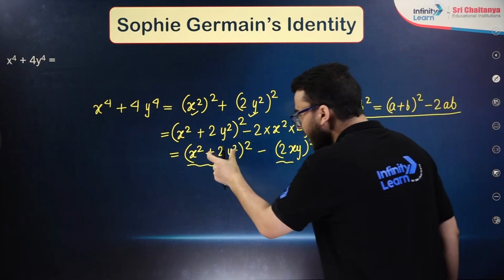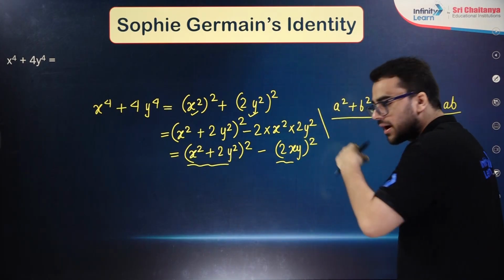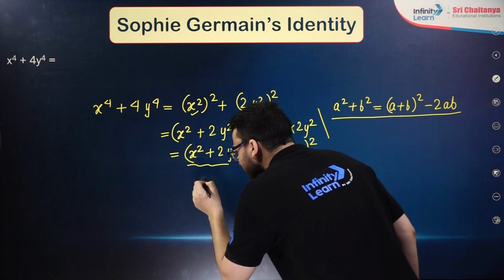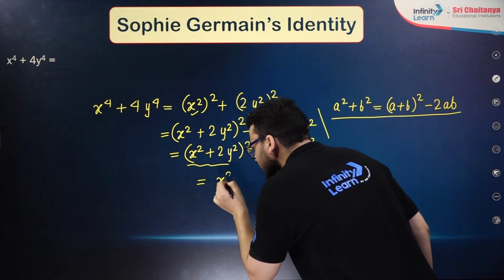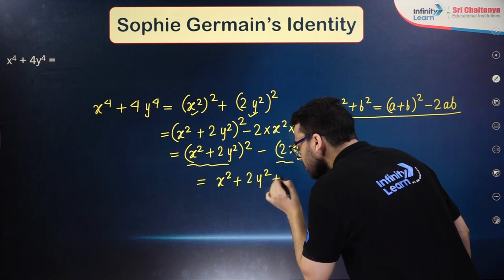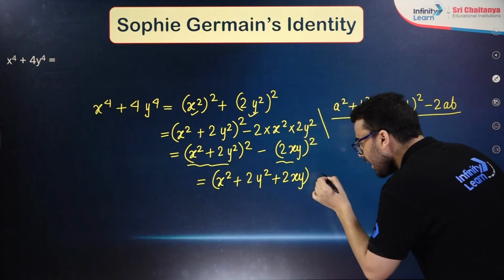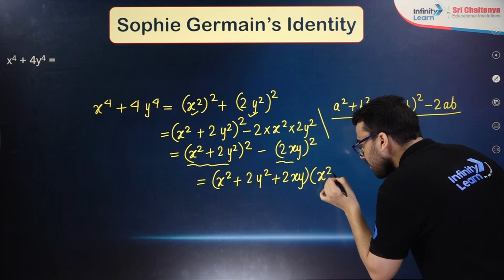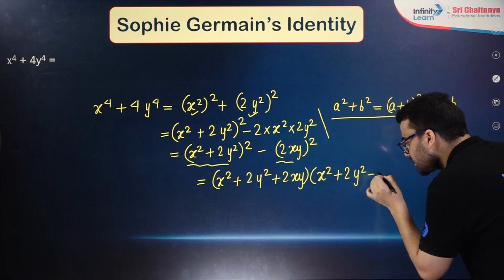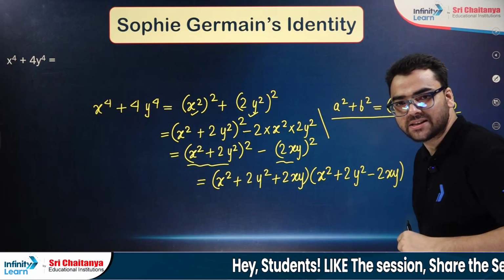If I consider x square plus 2y square to be a and 2xy to be b, then a square minus b square is a plus b into a minus b. So it will be x square plus 2y square plus 2xy multiplied by x square plus 2y square minus 2xy. So you see, this is Sophie Germain's identity.